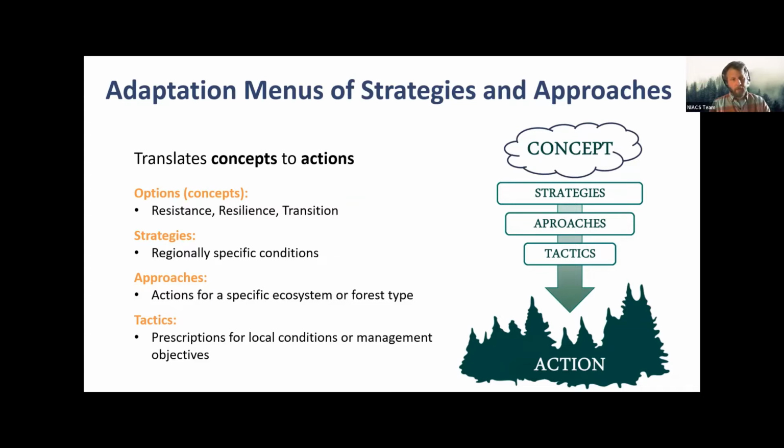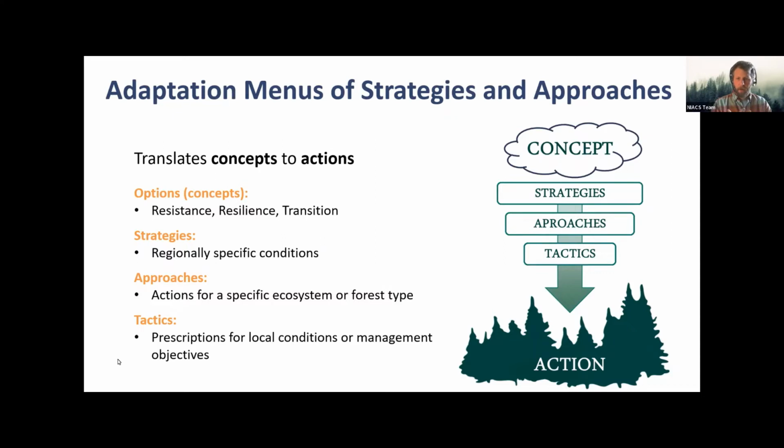And in doing this, following this tiered approach, you can see how the linkage between the tactic to the approach and the approach to the strategy helps you draw that line of logic between what you're doing on the ground and how it lines up with strategies and approaches, and ultimately to those adaptation options. Is this an action that's helping you to resist climate change, to enhance resilience? Is it an action that's helping you to transition to a more future adapted forest?